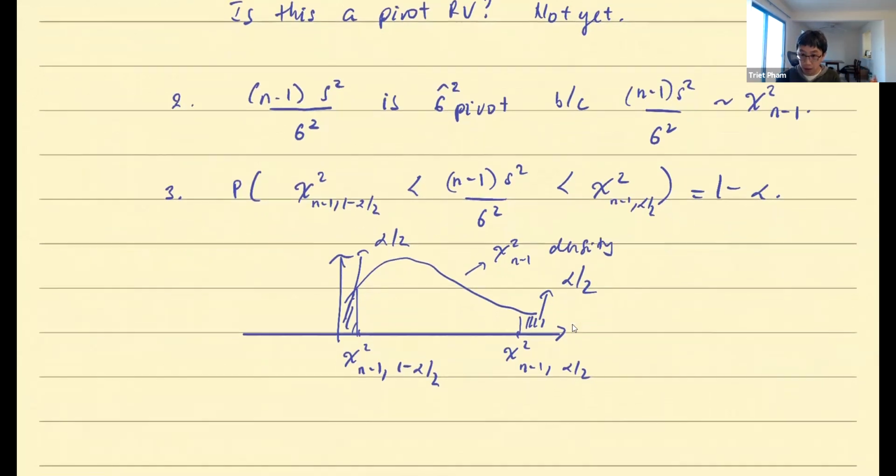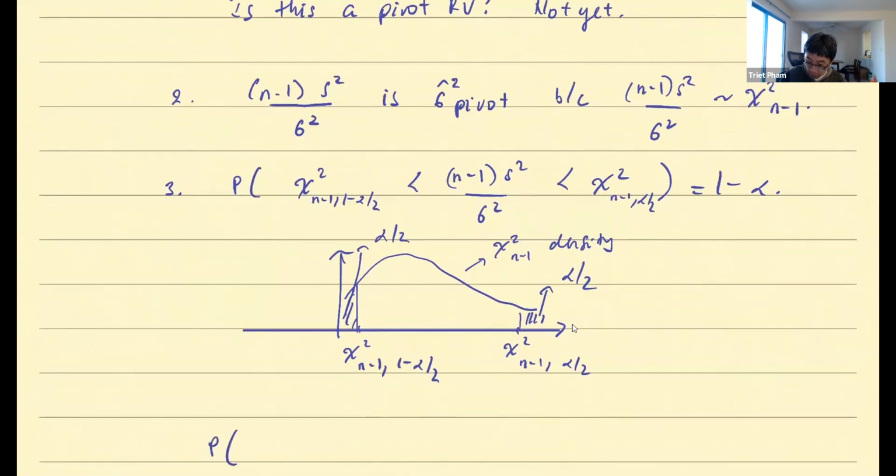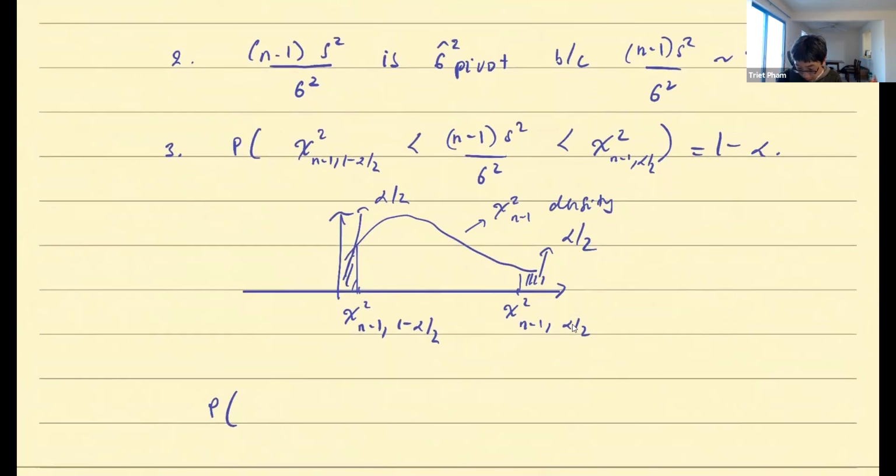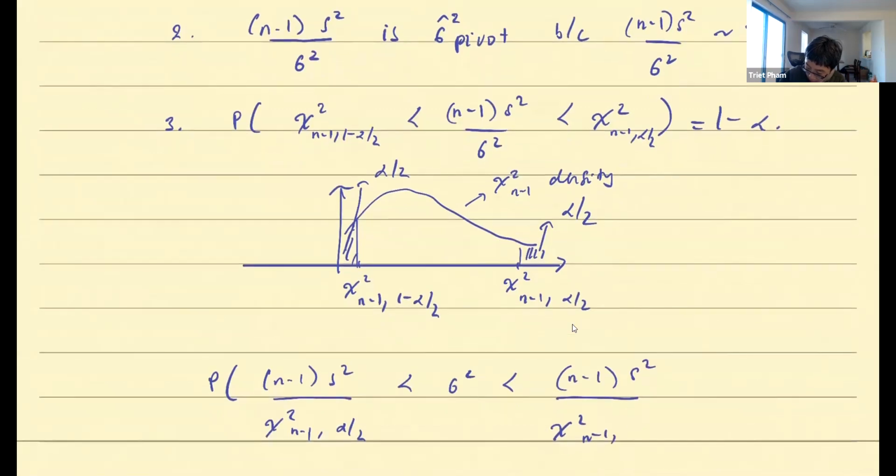Then, of course, comes the act of pivoting. But the act of pivoting, again, is easy. You just somehow try to put the sigma square in the middle. Well, what would that be? So that would be n-1 S squared divided by chi-square n-1 alpha over 2 less than sigma square less than, okay, so that's the act of pivoting.